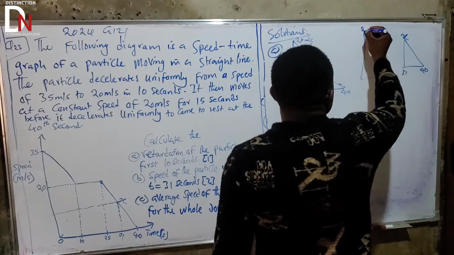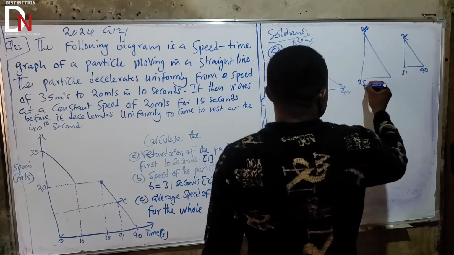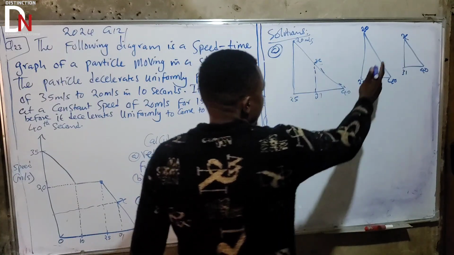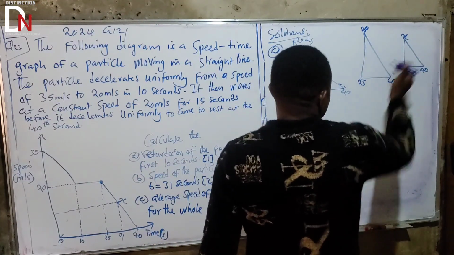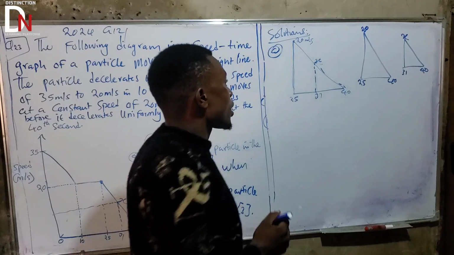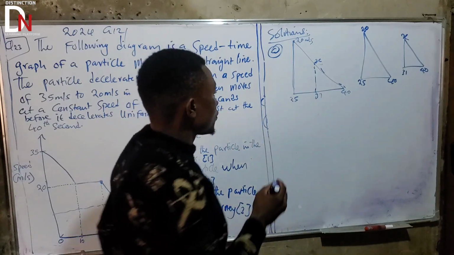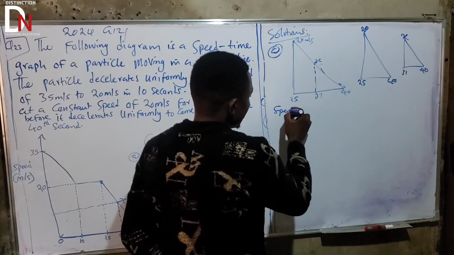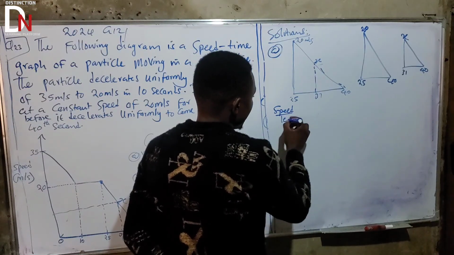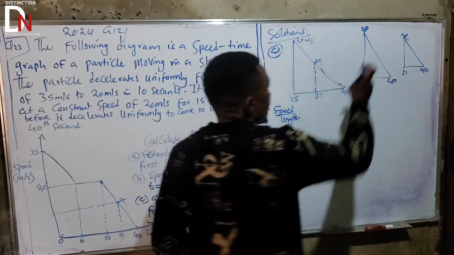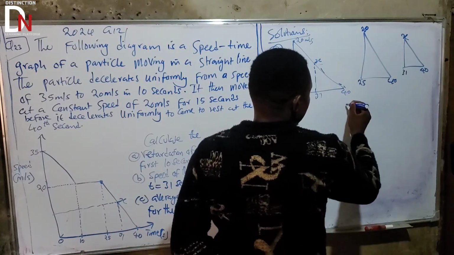Then this is 20, this is 25, this is 40, which is in this part. This is the big triangle, and this is a smaller triangle. So basically here I'll use similarity. So I can say speed will be compared to what? Length.